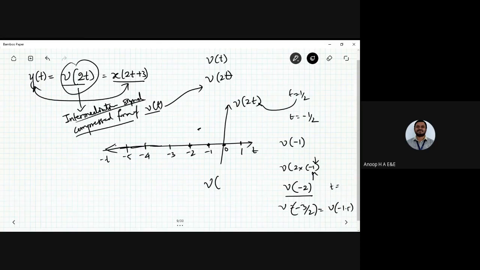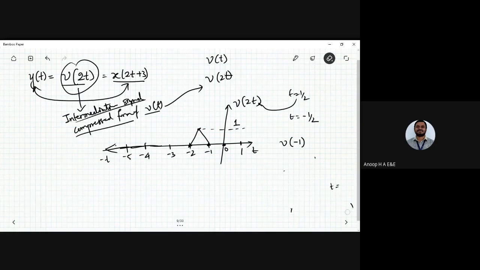Next, the other value you are going to get there is minus 2. So you need to change the values here. Hope you are getting what I'm telling right now. So you need to give different values of t and then check the next values.